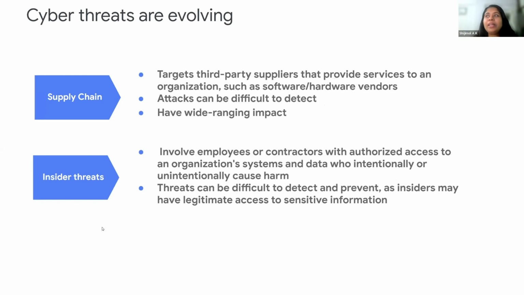Next is supply chain attack. So what is a supply chain attack? That means there are several third-party suppliers that provide services to an organization, right? The application may not be entirely built by the organization. There will be third-party solutions that you're using. This could be your cloud-based application, or you could be using some plugins, for example, and some additional software.